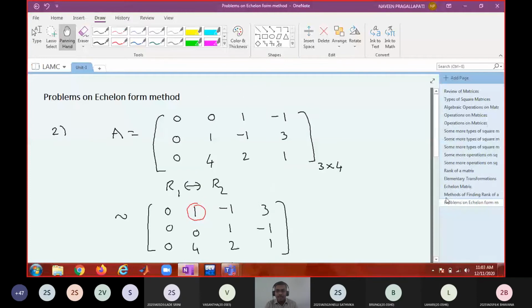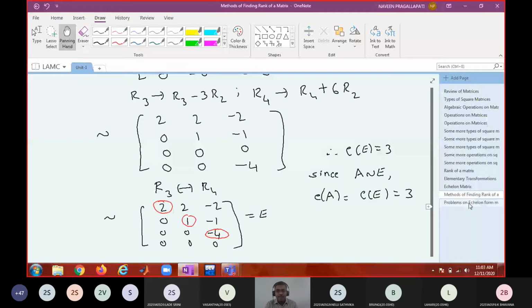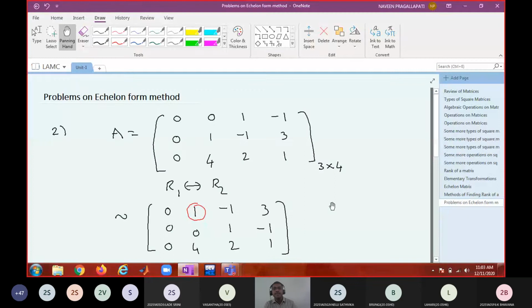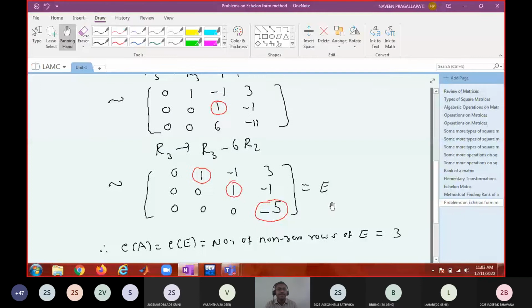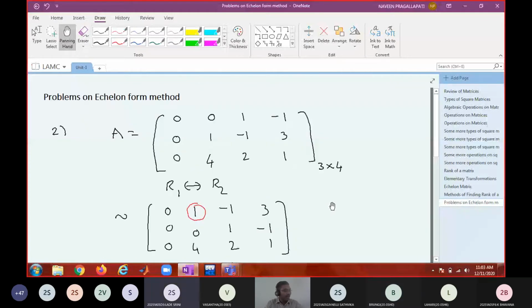So if you understand these two problems, now I shall give one problem. Any other question? Shall I proceed? So now I shall give one matrix. All of you, will you try now to find the rank of the matrix for the next matrix?